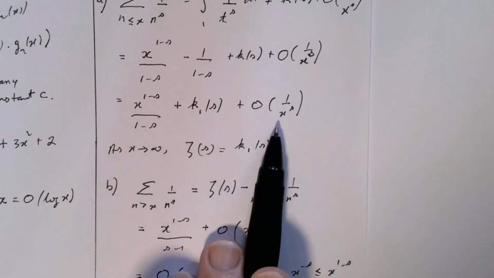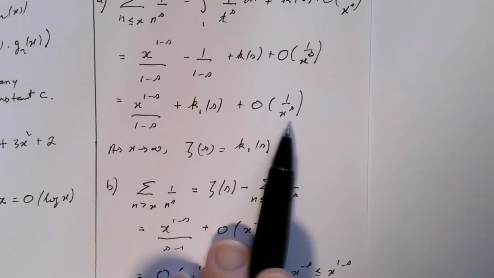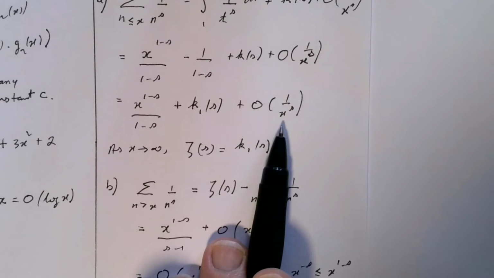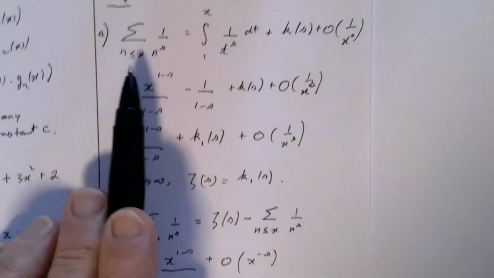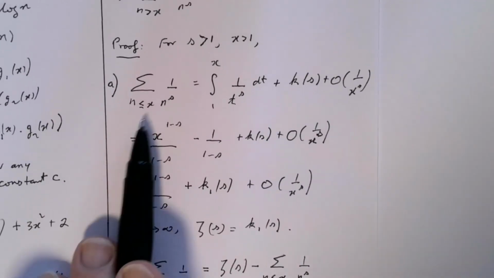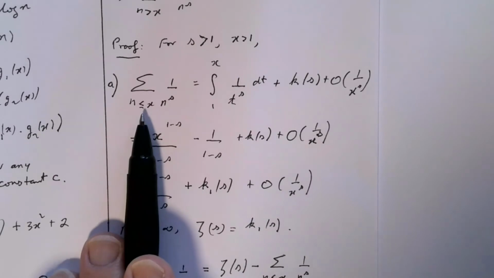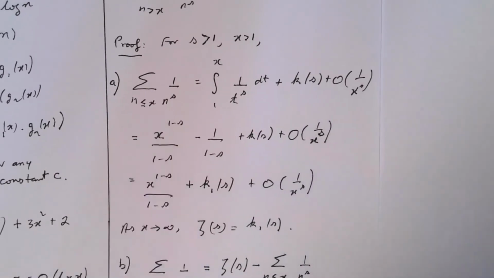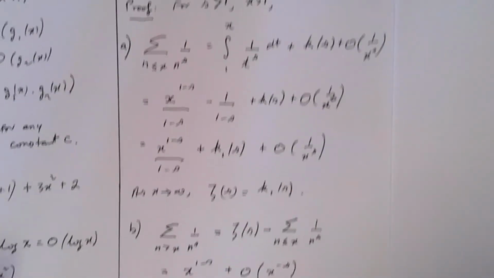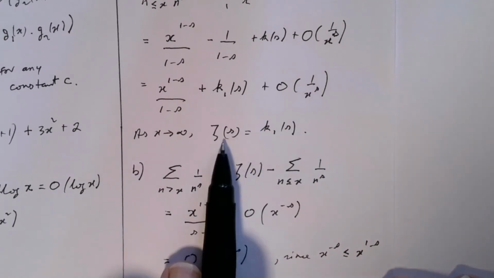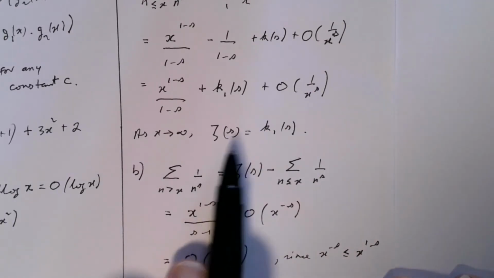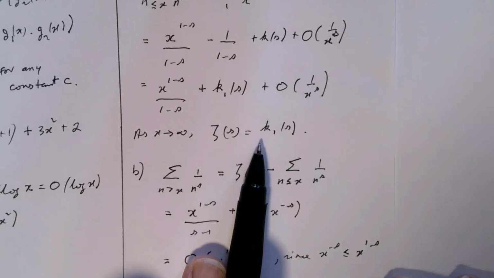This, whatever function is hiding in here, this is going to 0. And so I'm simply left with this sum here as x goes to infinity. Well, this is my zeta function of s, and that means my k1 was just equal to zeta of s. And if we plug that all back in, we get the desired result.